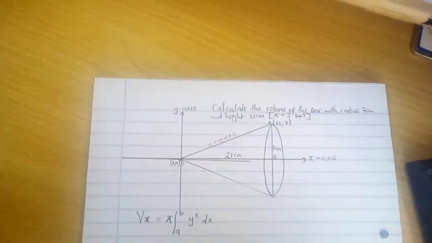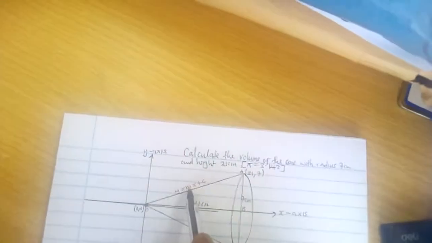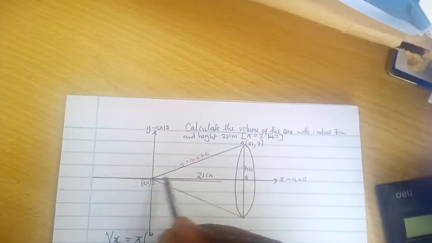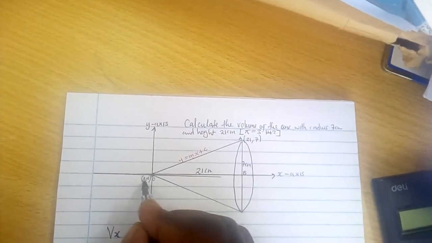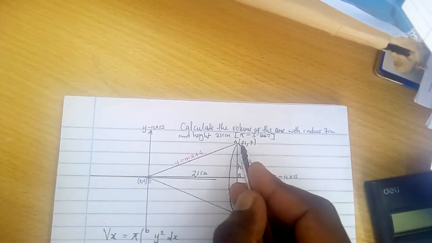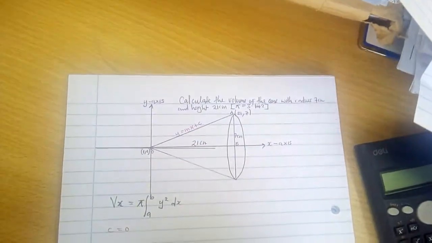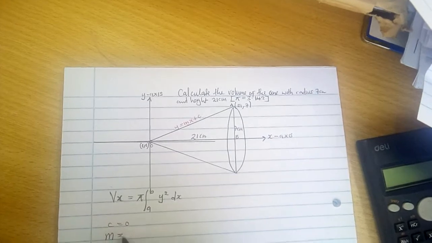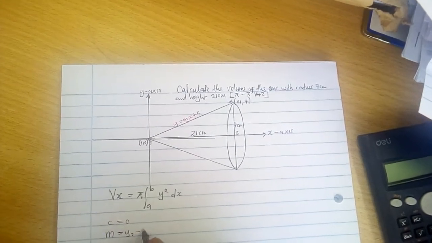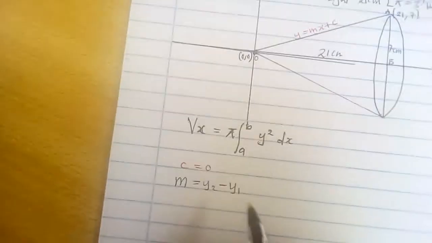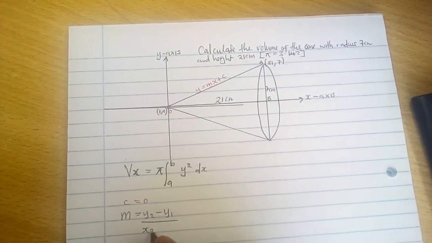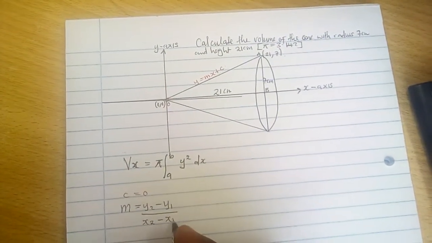Now, how do we determine the gradient? From the information given, this point is (0, 0) and this point is (21, 7). We can determine the gradient using m equals y2 minus y1 divided by x2 minus x1.